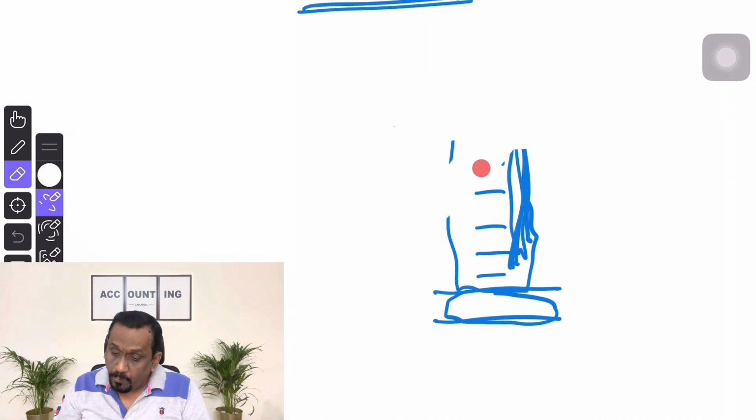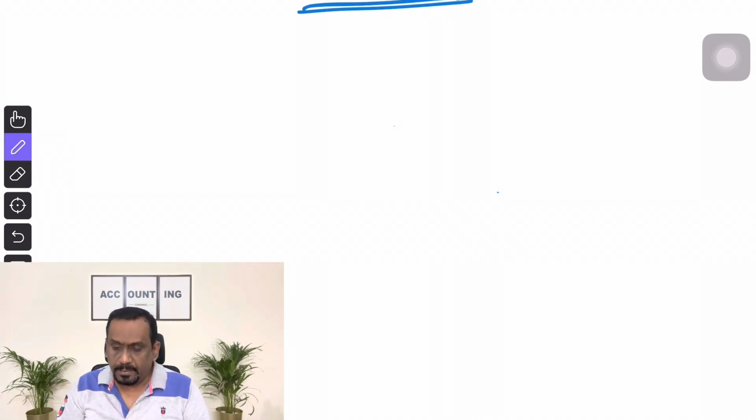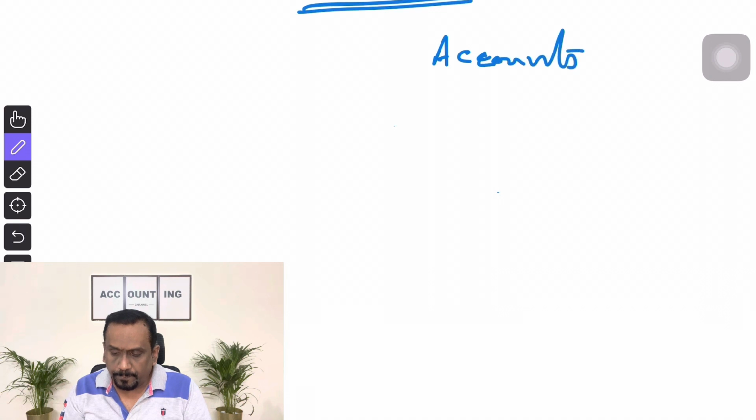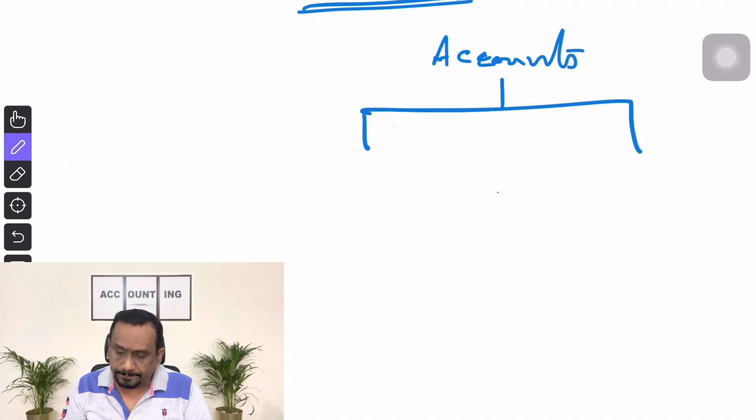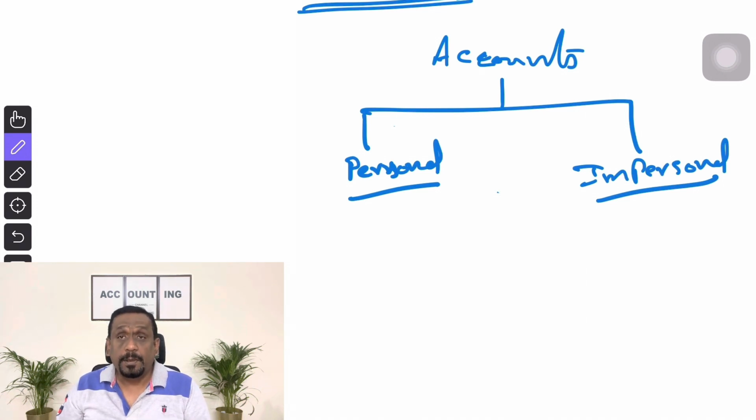Now, how many types of accounts are there? Let us understand how many types of accounts are there. Accounts are classified into two categories: personal accounts and impersonal accounts.